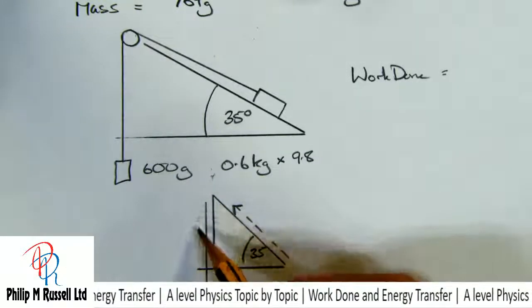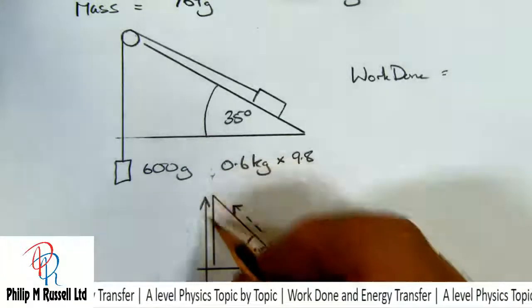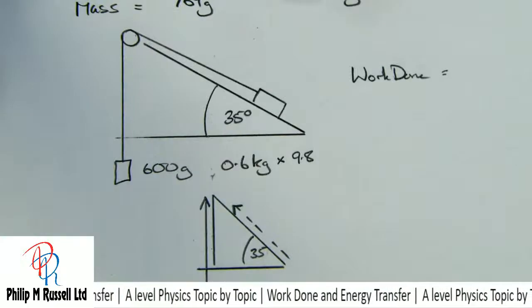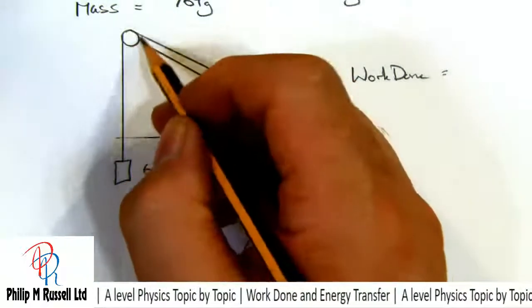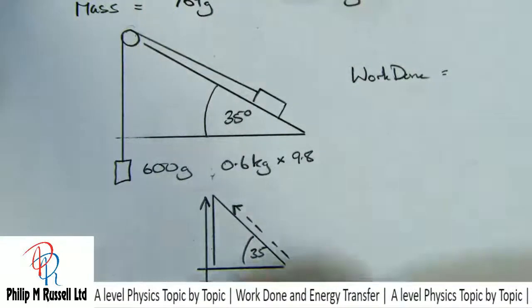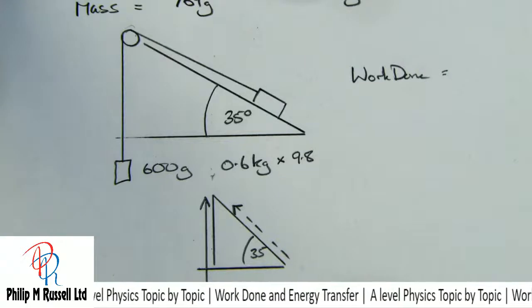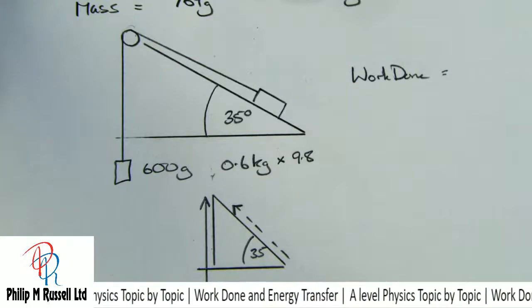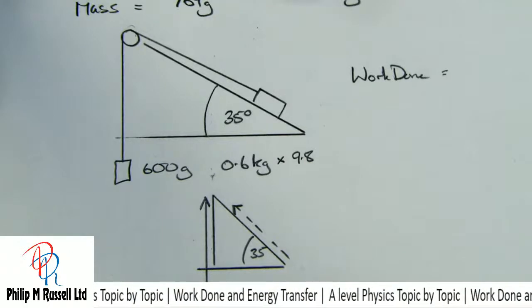I suppose another way of looking at this one, we could actually look at that force being sort of going up, because it is really going up because it's pulling in that direction. It's just we're using the pulley here to pull it in the other direction. So we can now work out where the force is applied at an angle to work out what's going on.